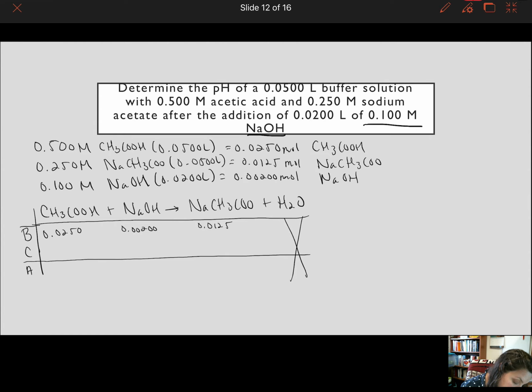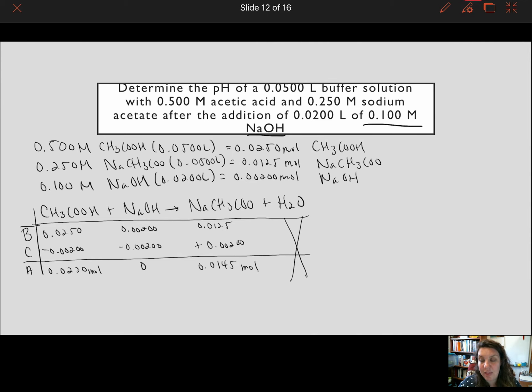Our sodium hydroxide is our limiting reagent, so we'll subtract that from both of our reactants and add to our products. And after that neutralization, we have 0.0230 moles of our acetic acid, 0 moles of sodium hydroxide as that fully reacted, and 0.0145 moles of our sodium acetate.